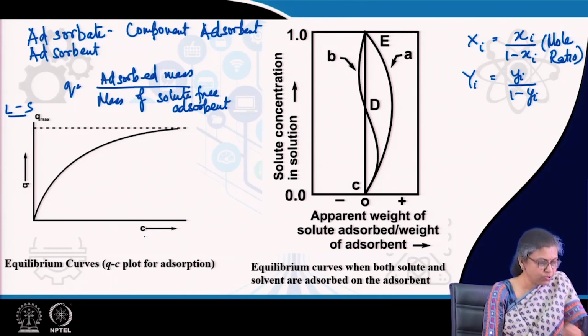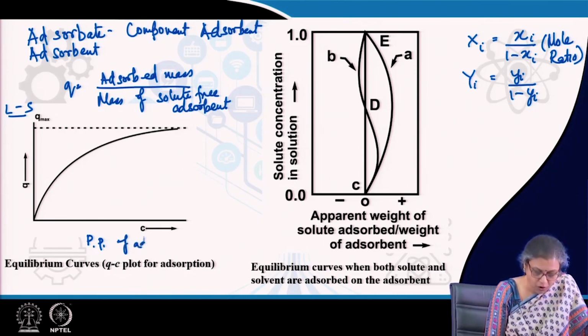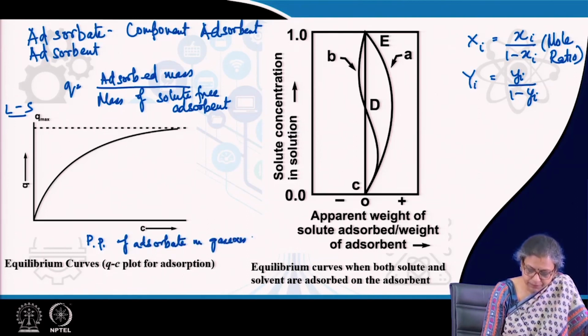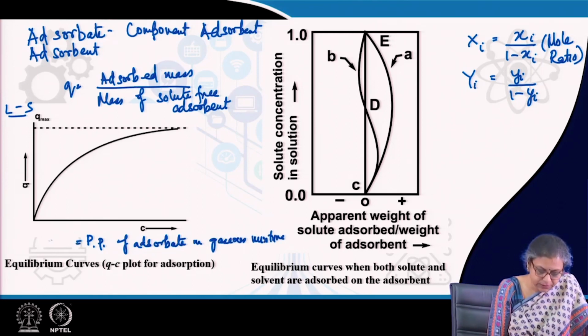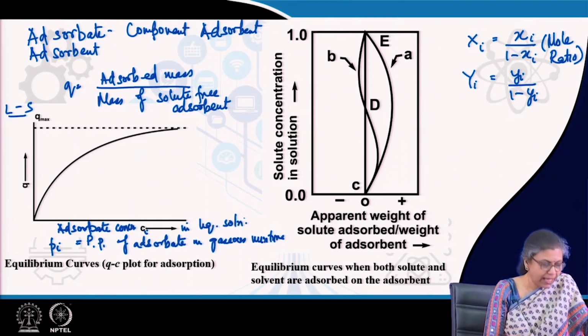So it is shown in terms of Q versus C, where this concentration can be either P, if it was a gas, the partial pressure of the adsorbate in the gaseous mixture, denoted by P_i, and for the liquid solid case it is denoted by C_i, which is the adsorbate concentration in the liquid solution from where the component has to be adsorbed.